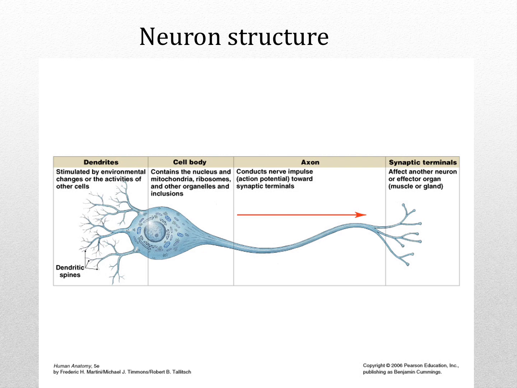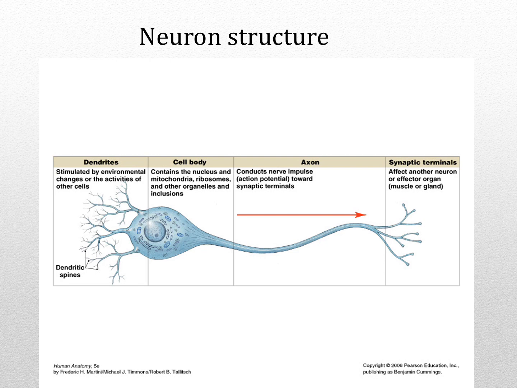Because I like to say things over and over again and show you slides again and again, but in a different way, I'm going to show you the neuron structure again. So here is an unmyelinated neuron, and I'm showing you it in parts. I'm showing you the dendrites, which are stimulated by the environment and take in information, but this is just anatomy. There's your spines, and then we move over to the cell body or soma, which contains the mitochondria, ribosomes, and other organelles, inclusions.